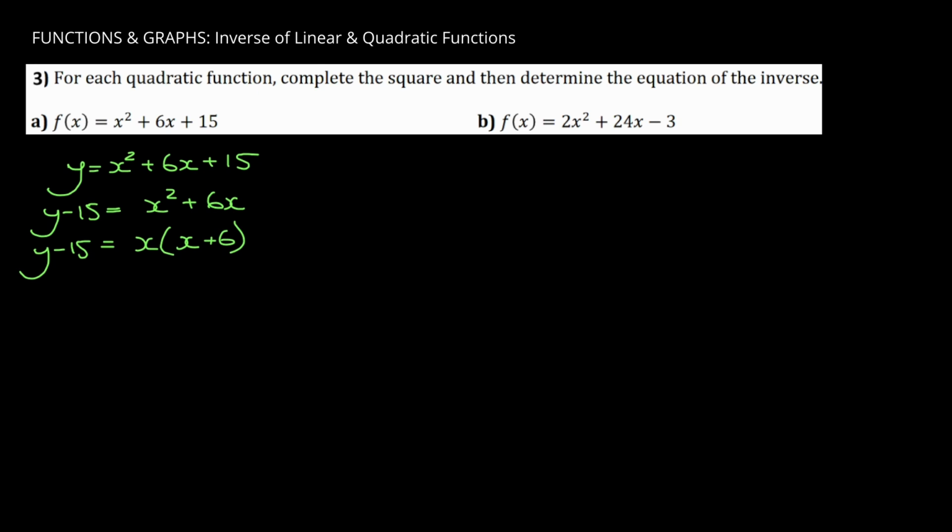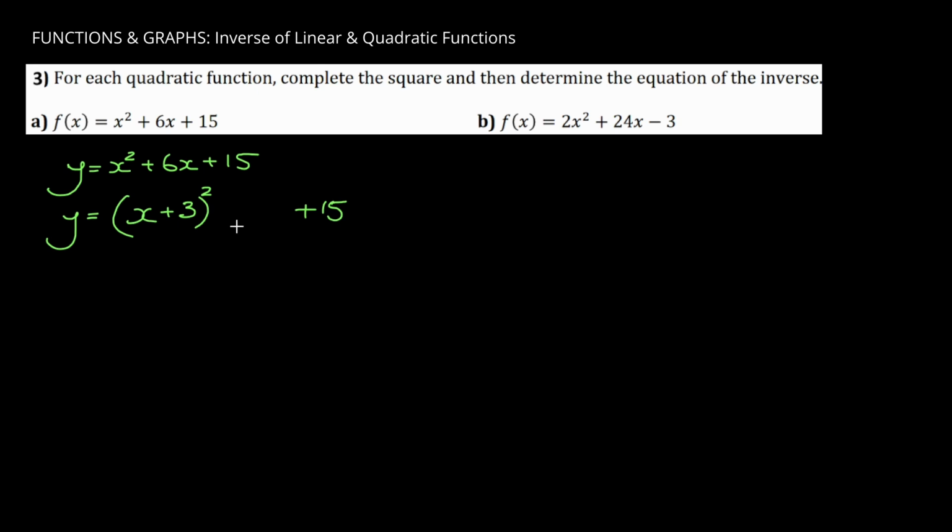Let me show you. It's our old friend completing the square. To complete the square, I can form a bracket of x plus this coefficient halved, which is 3. Now I'm going to write the plus 15 over here because we need to do a little bit of side work. We need to find out what this on its own actually produces. We get x plus 3 multiplied by x plus 3.